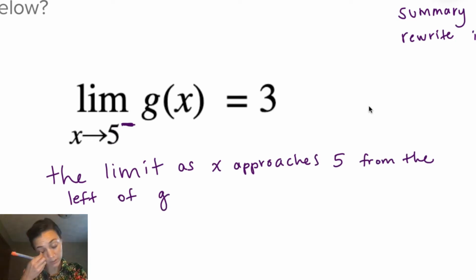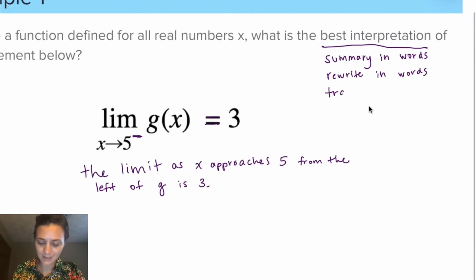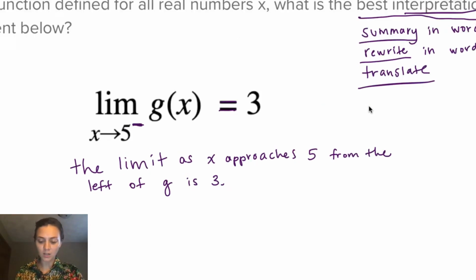And then the equal sign means is 3. The limit as x approaches 5 from the left of g is 3. Another word we could use is translate. So you could see any of these: best interpretation, summary, rewrite, or translate. All of that means kind of take the notation and write it in English.